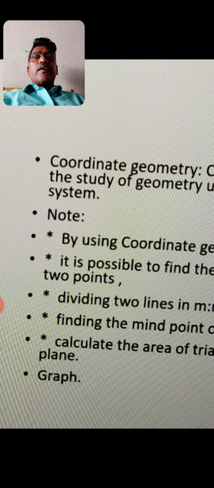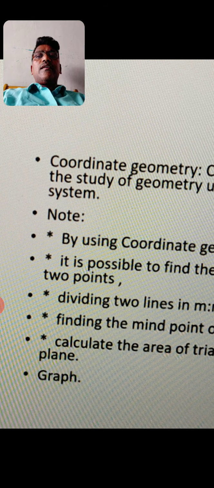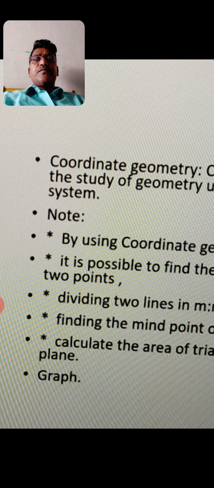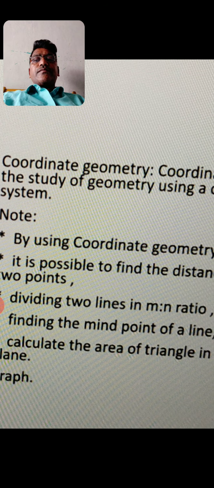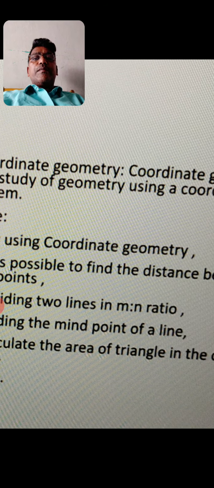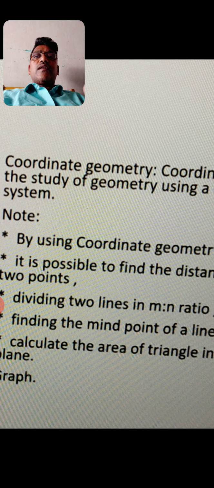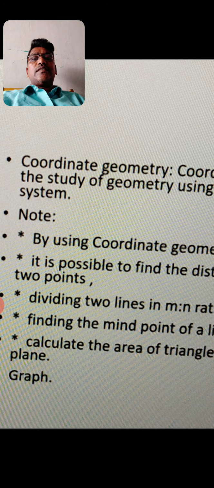Here we are finding the distance between 2 points by using the distance formula. I will introduce the formula here and I will derive the formula also for you. Second one, dividing a line in the m:n ratio. I mean one line is there, another line will intersect it at some point P, then that point P divides this line in the ratio m:n. That is the second point.